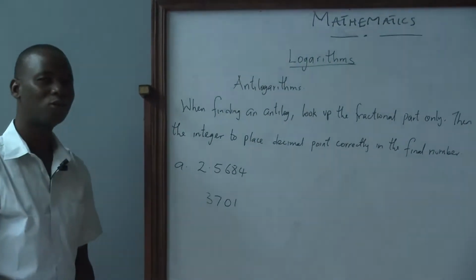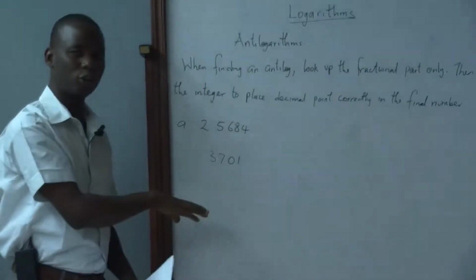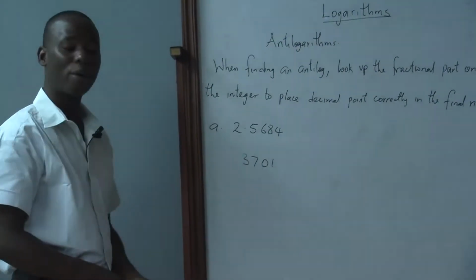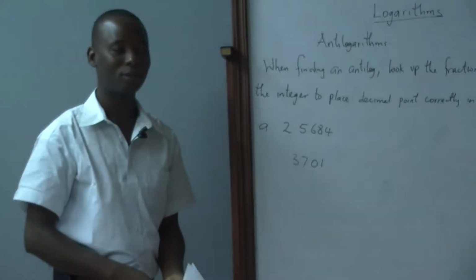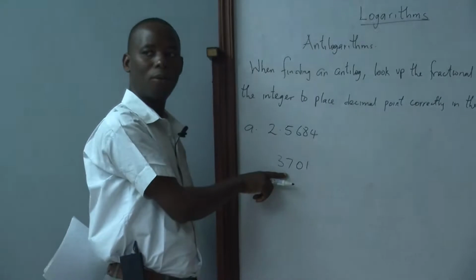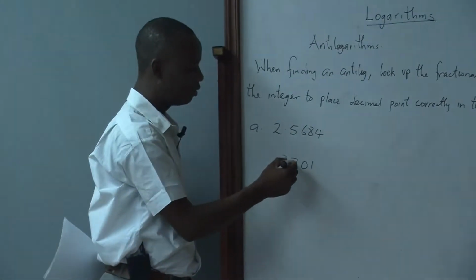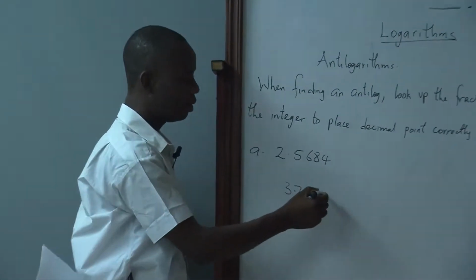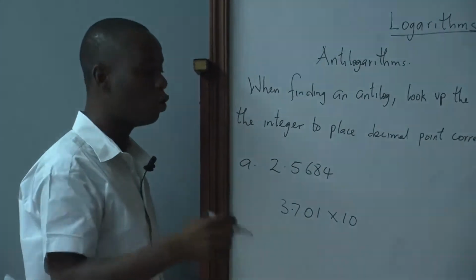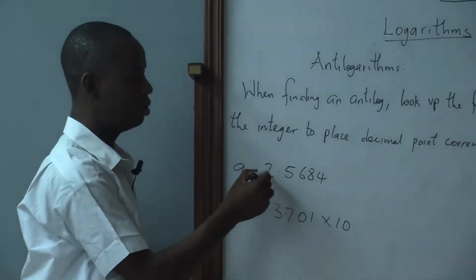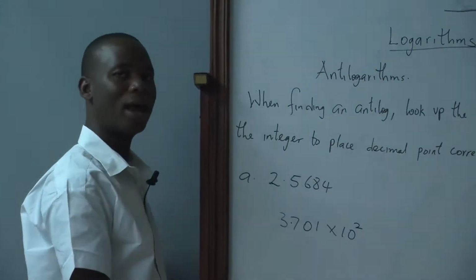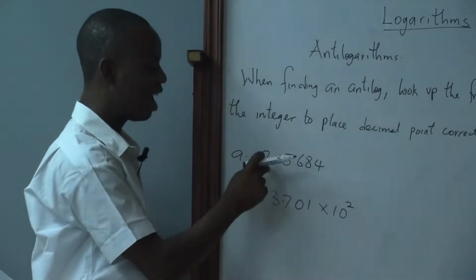Now, in order for us to write the exact expression for this antilogarithm, we need to know where we're going to place our decimal point. If we write this value in standard form, this will be 3.701 times 10 raised to the power of 2. The power is this 2, and that will be the value of the antilog of this number.